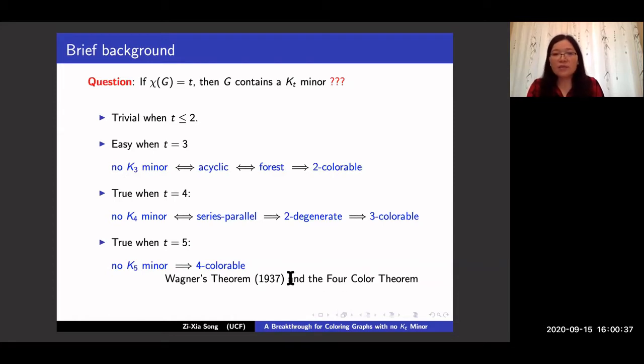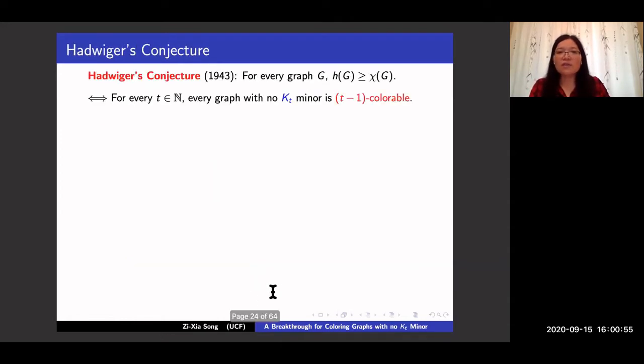Okay, before the 4-color theorem, this was pretty much the story on this question. And Wagner's theorem actually inspired Hadwiger to make the following conjecture. Wagner's theorem was from 1937, and Hadwiger made the conjecture in 1943.